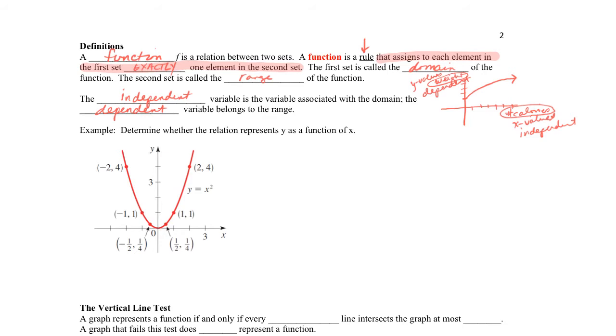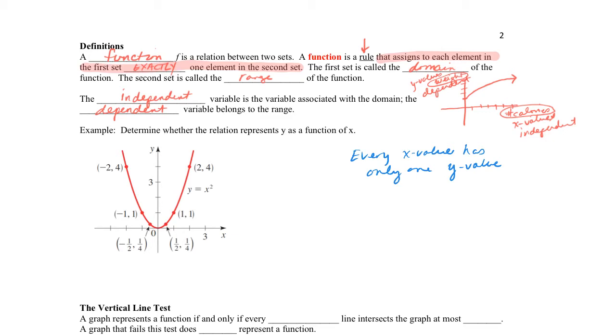What that means is that every x value has only one y value associated with it. Every element in the first set, the domain, has exactly one element in the second set, which means exactly one element in the range, or one y value.